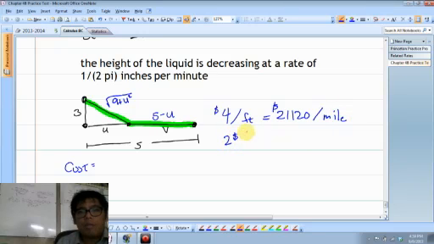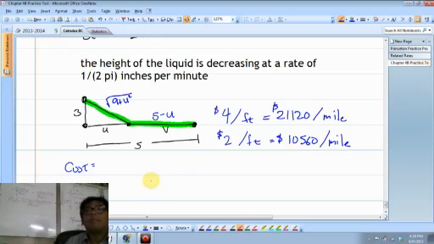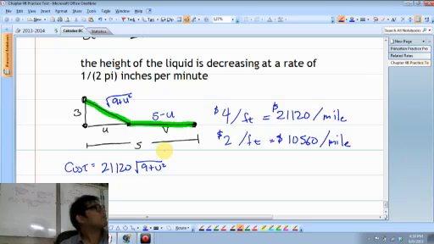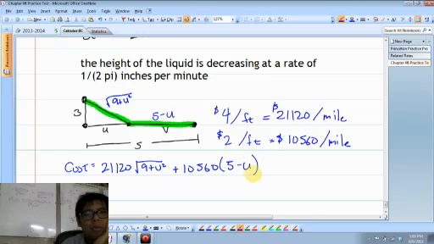And then $2 a foot, that's equal to $10,560 per mile. So the cost is $21,120 times the square root of 9 plus u squared plus 10,560 times 5 minus u. And we'll just make that equal to f.